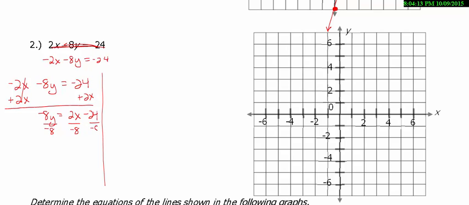I think that I want to go in pieces. I think it'll keep the slope and y-intercept separate for me, and so let's divide out the negative 8s. I'm left with y equals 2x over negative 8 minus 24 over negative 8. Okay, we got a little simplification that we need to do here.